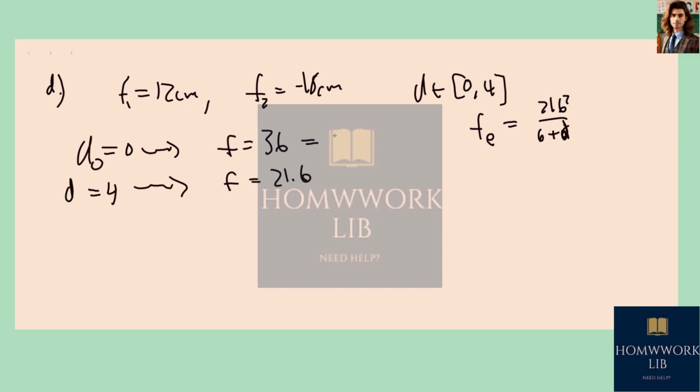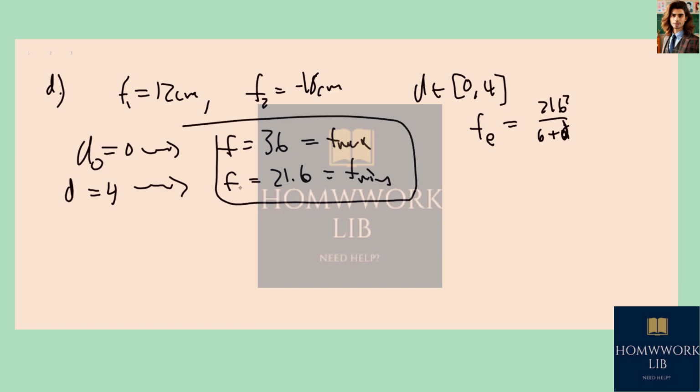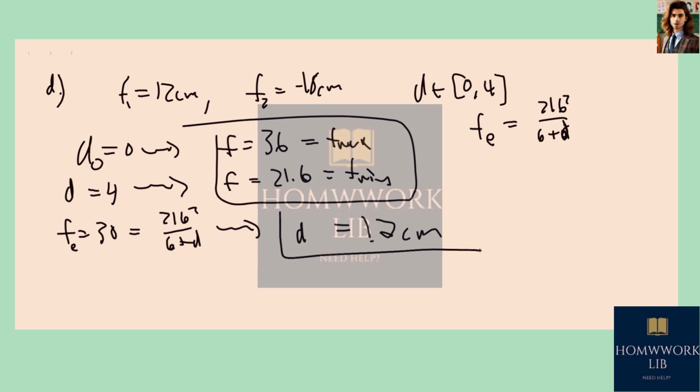So this is f min, and the d equals 0 value of 36 is f max, all in centimeters. Now for f equals 30, we have 216 over 6 plus d, and we can just solve for d. We see that d is 1.2 centimeters. Perfect. That looks like that's everything.